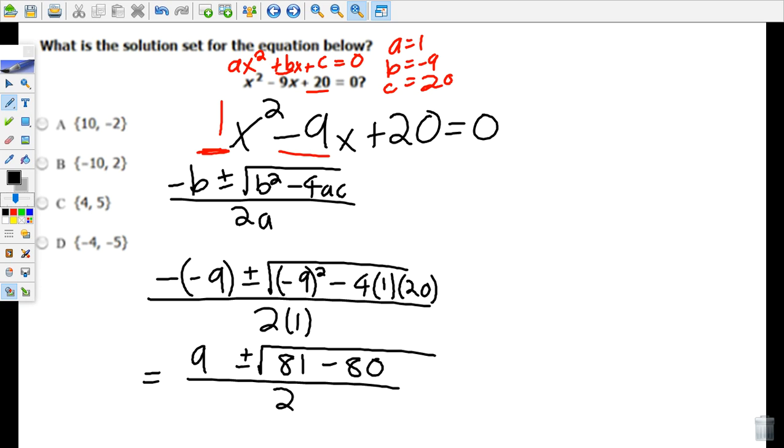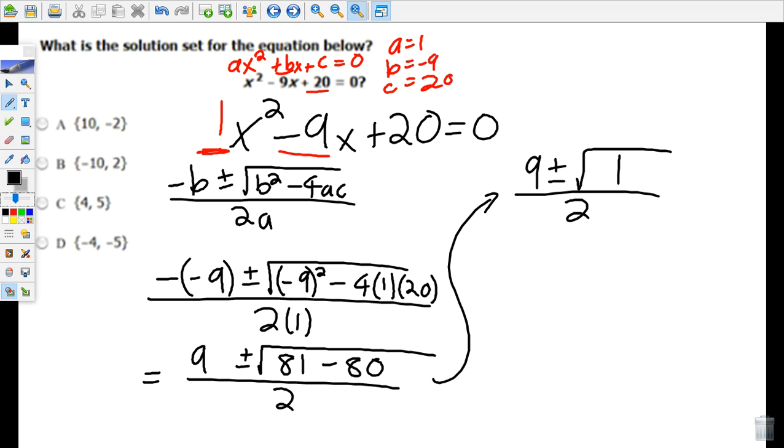So if I continue simplifying the inside of my radical, we'll have 9 still, plus and minus still. The 81 minus 80 is just going to be the square root of 1 over 2. Now I can simplify my square root. The square root of 1 is 1, so really it's just plus and minus 1 over 2.